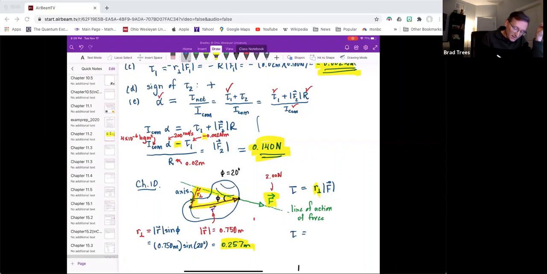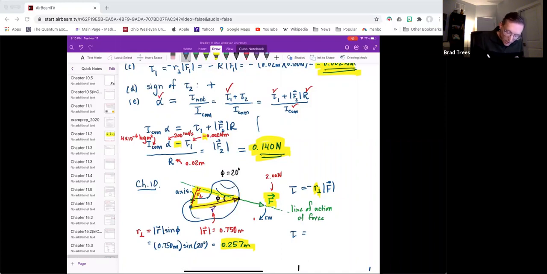So you have to see where the axis is, see where the force is pulling and which way the force is pulling, and realize, oh, this force is going to want to produce rotation that way, clockwise. And clockwise torques are negative. So I have to insert a negative sign by hand here.